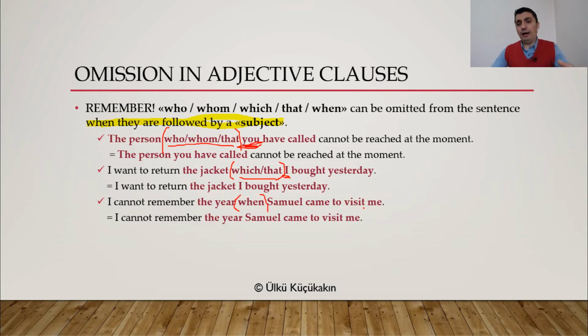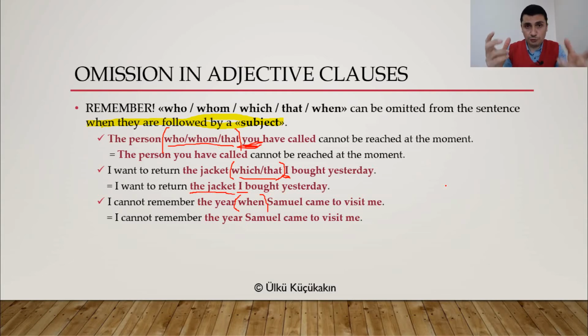I said in our earlier lessons, in English, it's not common to see a noun plus noun combination, two nouns coming one after another. This is not common. So if you're seeing, let's say, the jacket and I, one after another, the jacket I, that sounds strange.